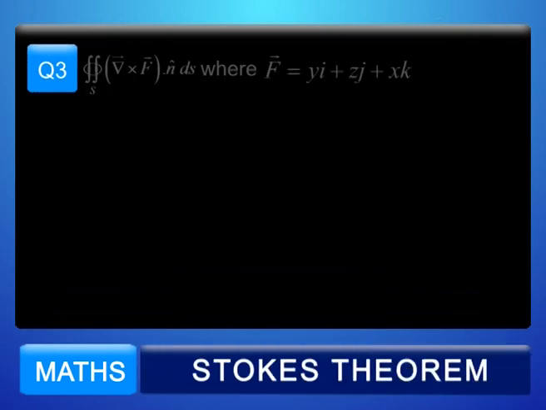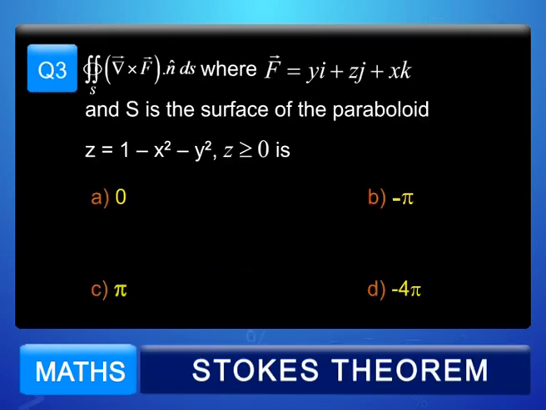Question number 3. What is the output of del cross f dot n cap ds surface integration, where the field f is equal to yi plus zj plus xk and s is the surface of the paraboloid, z is equal to 1 minus x square minus y squared with z greater than or equal to 0.